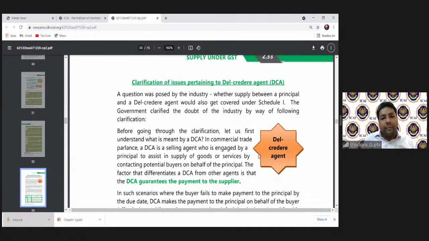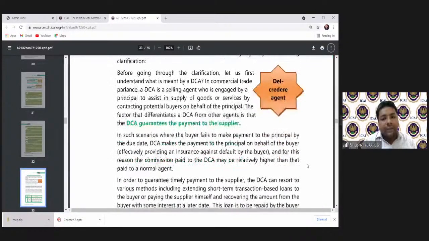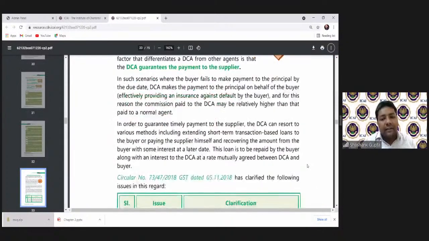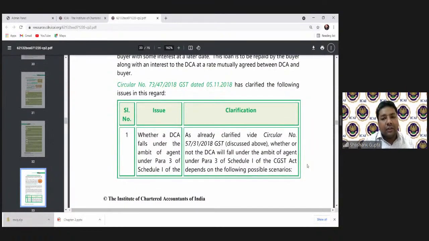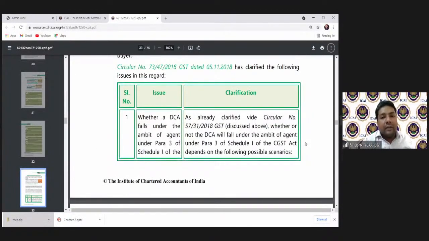If you don't receive the payment from that person, I will make the payment to you. And for this, generally, this del credere agent charges an additional amount from the principal because he is also giving assurance that your money will not go anywhere. Now, there were certain attached questions to a del credere agent.